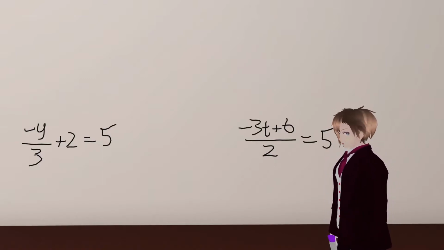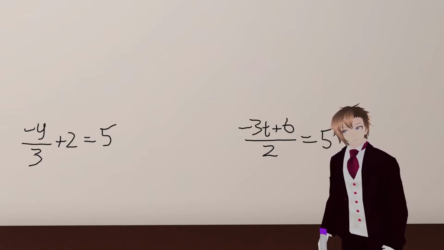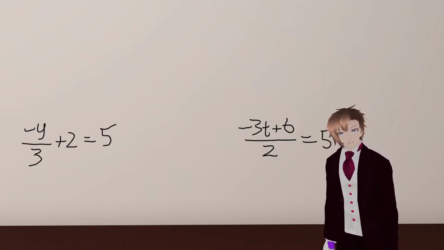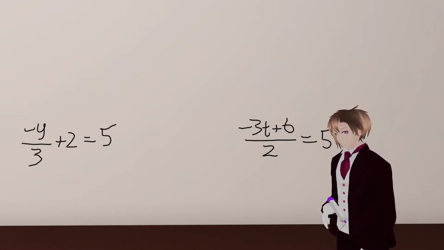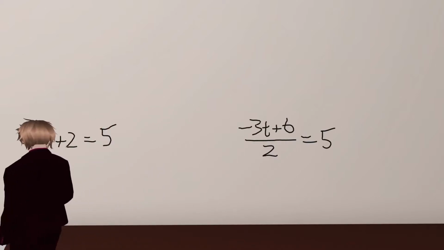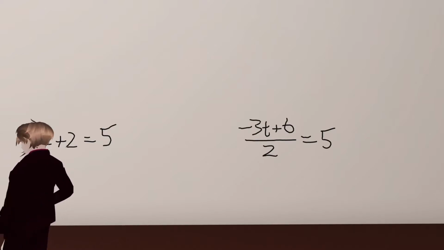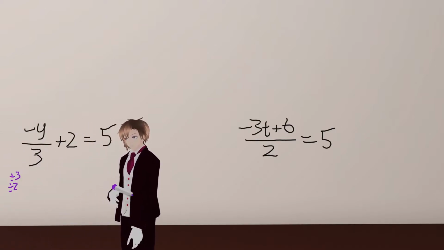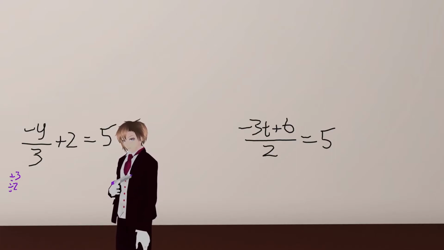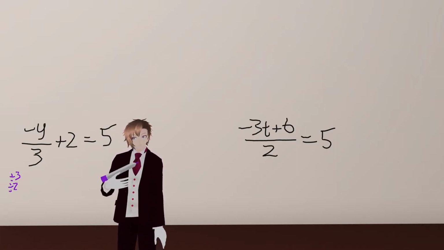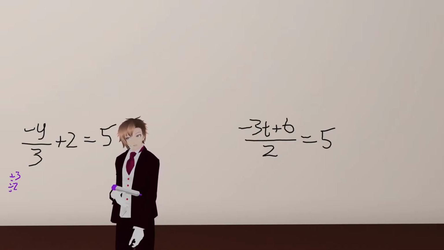So normally, what would you do first? You'd divide by 3, then you would add 2. So let's make a quick note of that. We would divide by 3, and then we would plus 2. So remember that order. Now we are going to rewrite this and cancel out some terms.